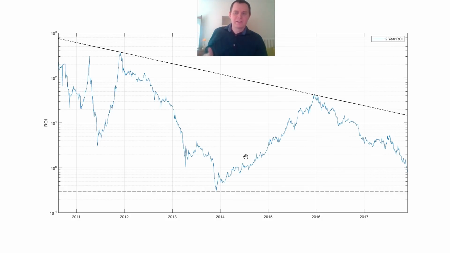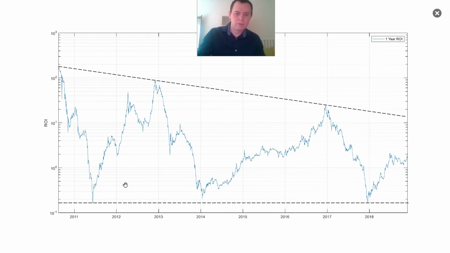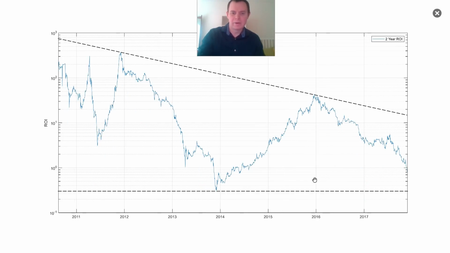If we were at a 75% loss, then it would be at $5,000. And you can see that we're essentially going to be coming close to this line. We might not come all the way down to it, but these trends seem to repeat themselves in a sense in terms of where these lows are, as you can see on the prior chart with the 1 year return on investment.